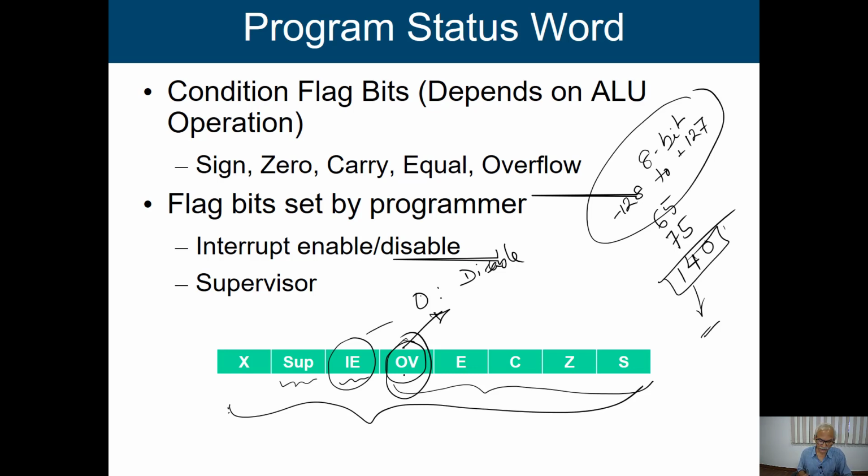Now how to set this particular bit? In a very simple way, consider the zero flag. My ALU gives me the result, which is 8 bits. If all 8 bits are 0, then my result is 0, so it should be indicated by setting the flag to 1.